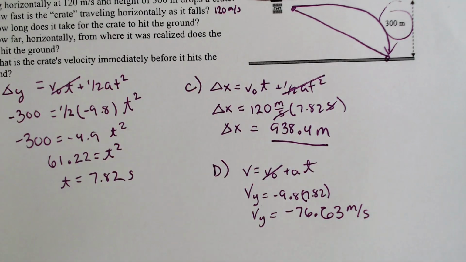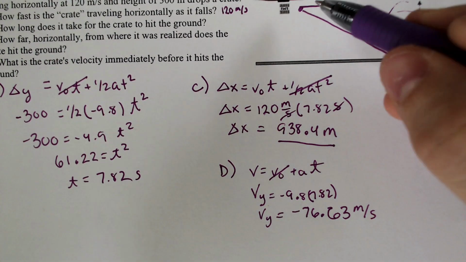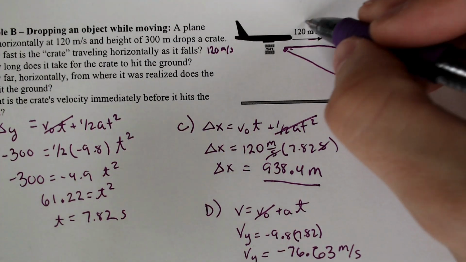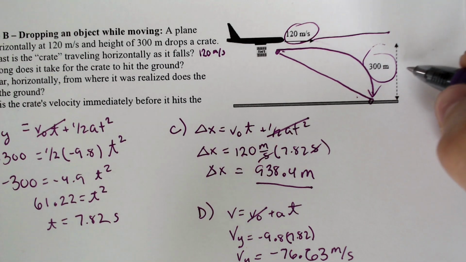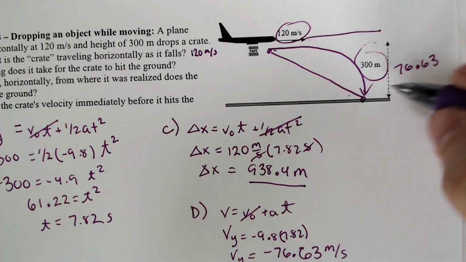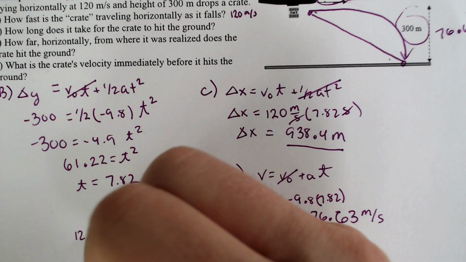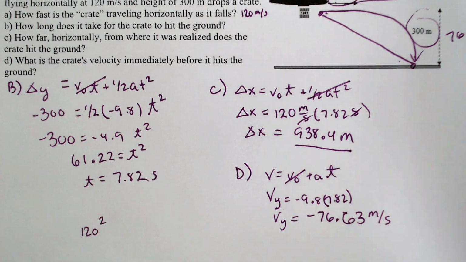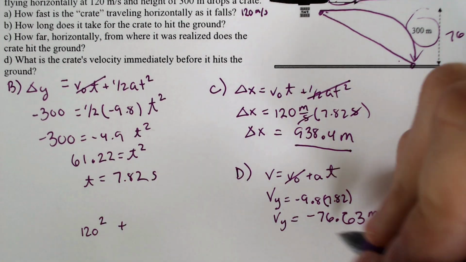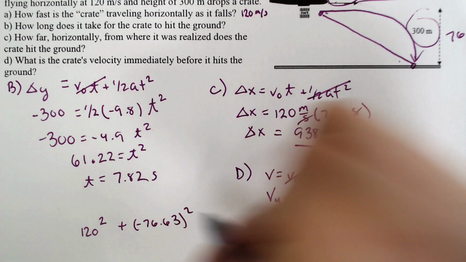So we have the x component and the y component now. How are we going to figure out what the actual final velocity is? Well, I said it's the hypotenuse. We got 120 meters per second here. We got 76.63 meters per second there. We need to do the Pythagorean theorem. So we got 120 squared plus what we just found here, which is technically negative 76.63 squared.